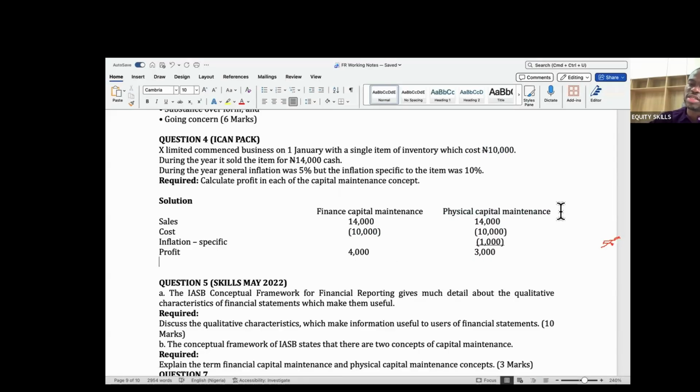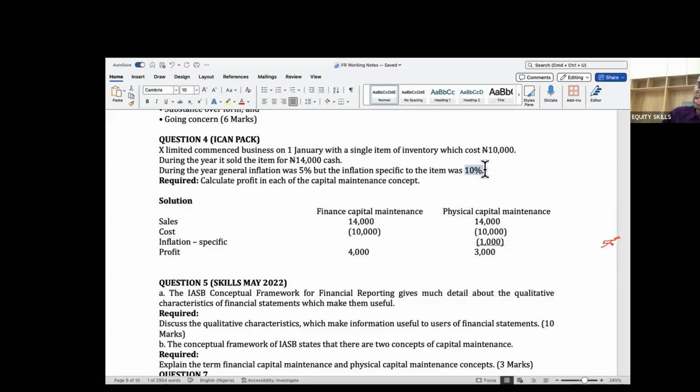But physical capital maintenance looks at your purchasing power. It considers your productive capacity. It considers what your money can buy today. So if you say you sold an item for 14,000 and you bought it for 10,000, this approach will ask you, this item that you bought for 10,000 at the beginning of the year, can you still buy it for 10,000 today? The answer is no, because there was inflation. General inflation is 5%, but the inflation specific to the item is 10%.